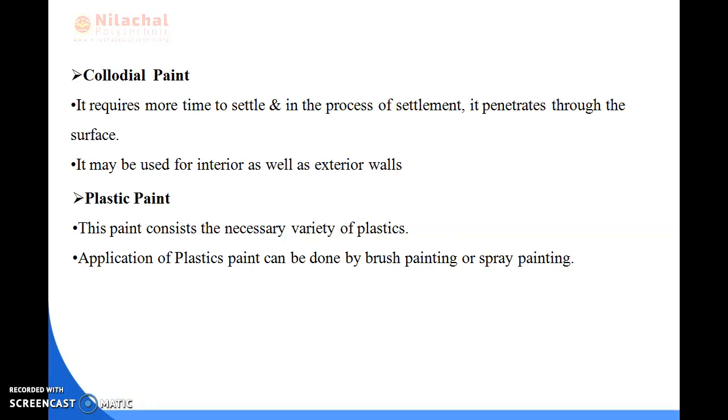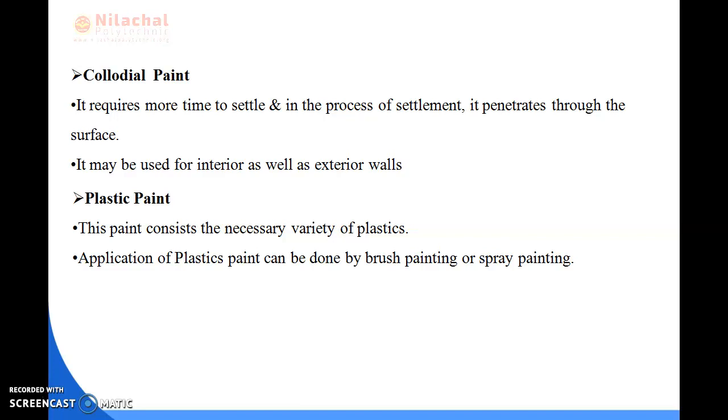So now we'll be discussing colloidal paint and plastic paint. Colloidal paint requires more time to settle and while it takes more time to settle, in between that it penetrates through the surface, and it may be used for the interior as well as the exterior walls.